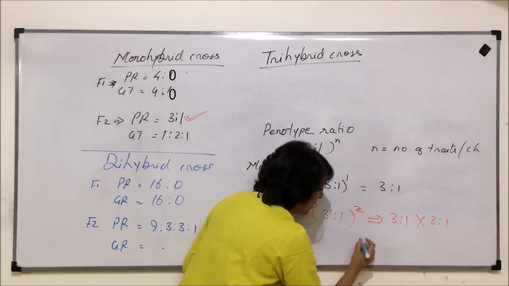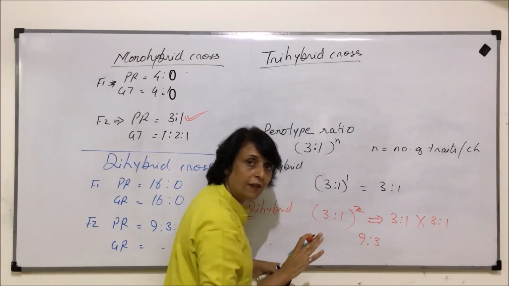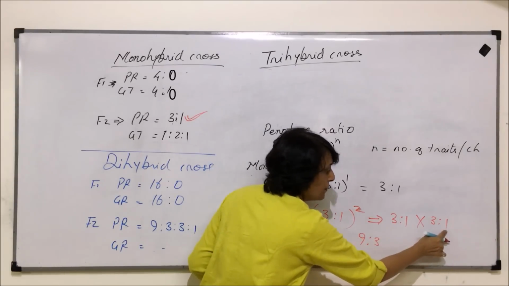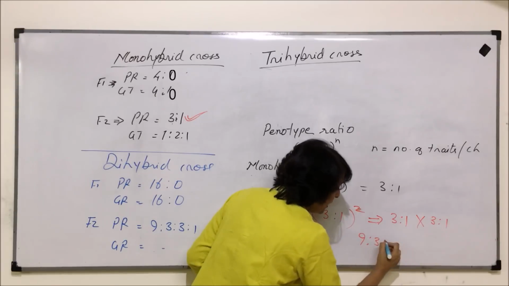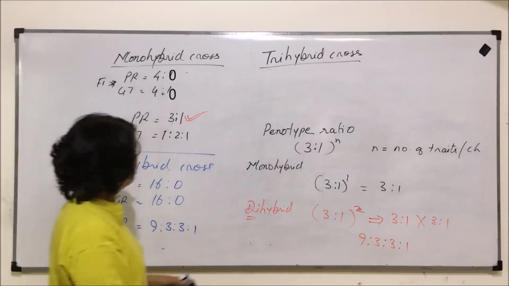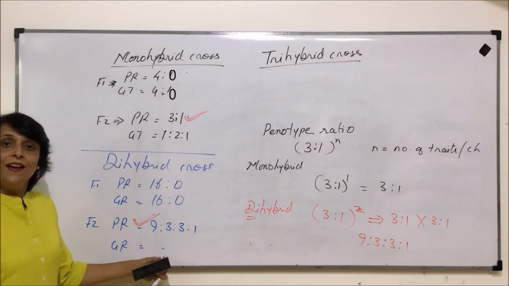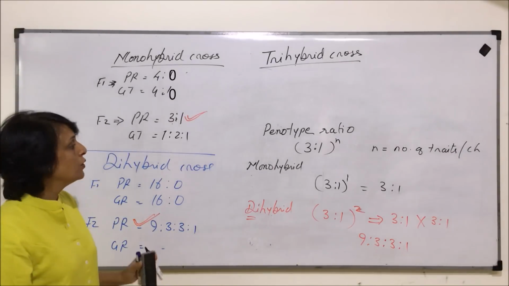So 3 into 3 is 9, 3 into 1 is 3. Now 1 into 3 is 3 and 1 into 1 is 1. Are we getting the same ratio as we got by plotting the Punnett square? So these are the phenotype ratios that we have talked of.